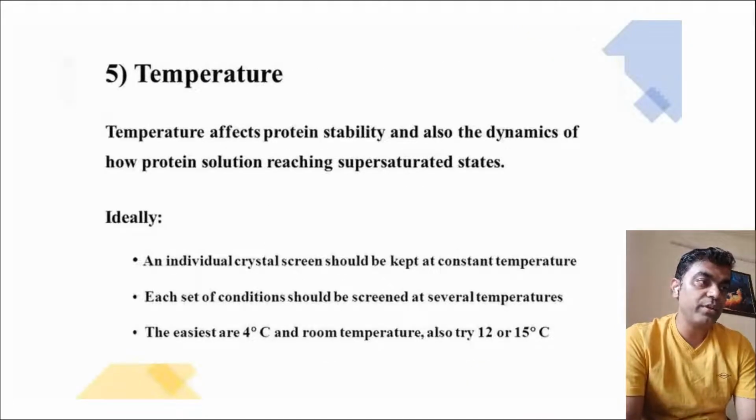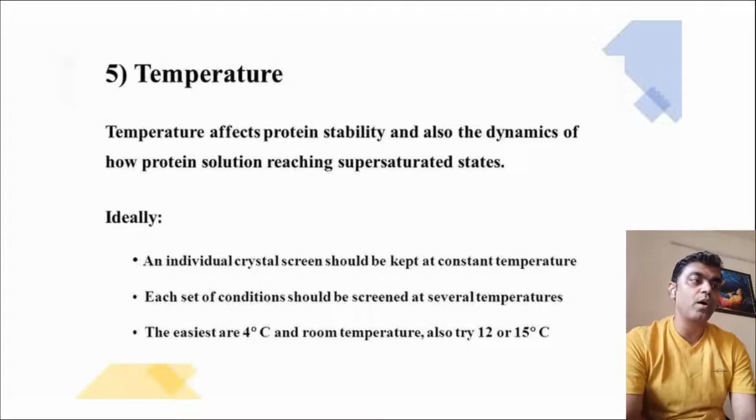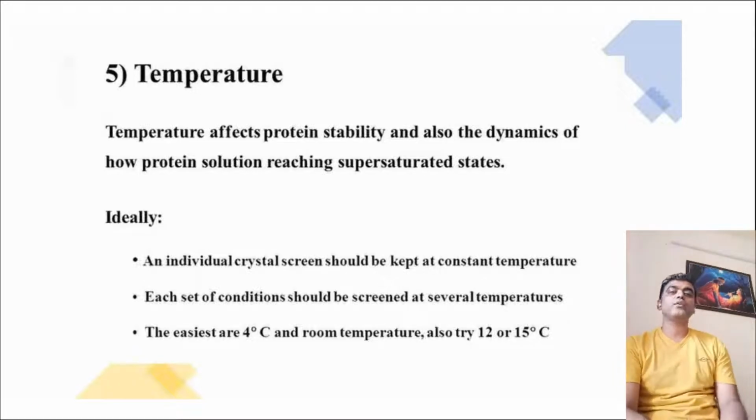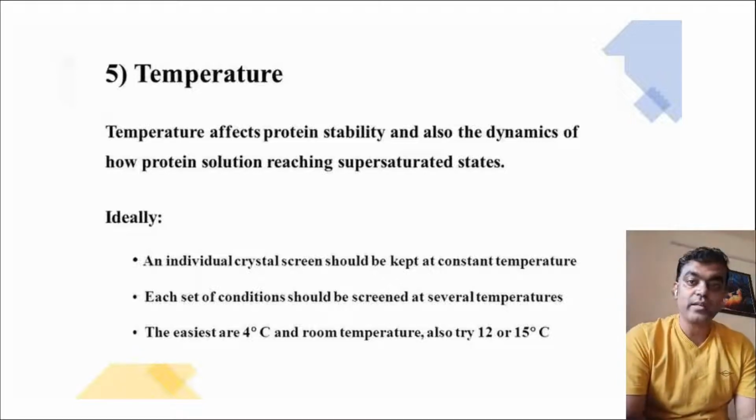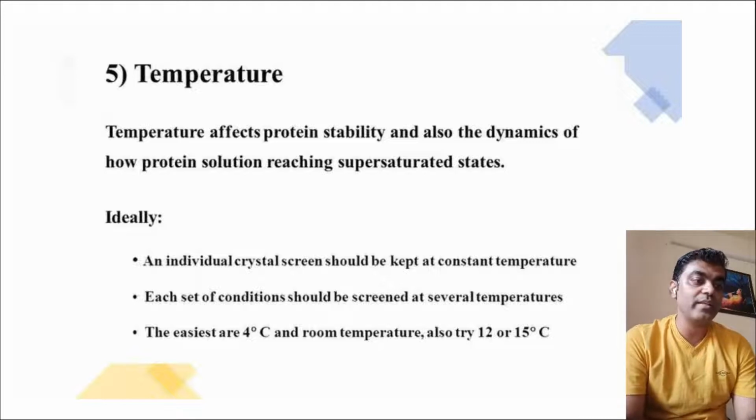Again, coming to temperature, the dynamics of how the protein solution reaches its supersaturated state has to be understood, and that is entirely controlled by the temperature. The easiest are 4 degrees centigrade and room temperature, and you can also try something around 12 to 15 degrees.